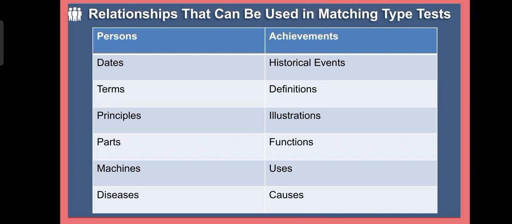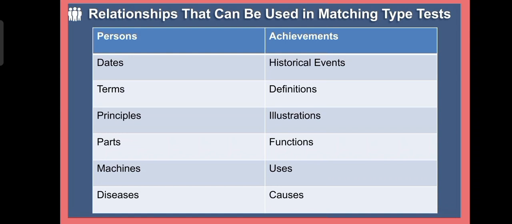This means you could have a list of names and need to match them with their corresponding professions or accomplishments. For example, if one name was Albert Einstein, you would need to match him with being a famous scientist.